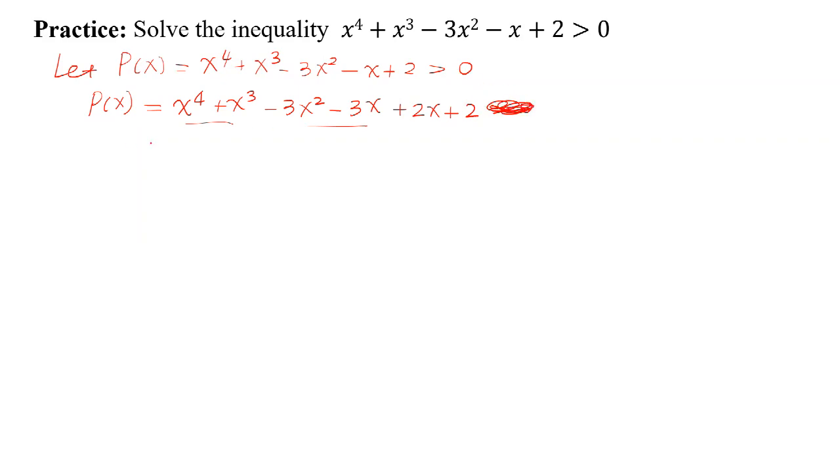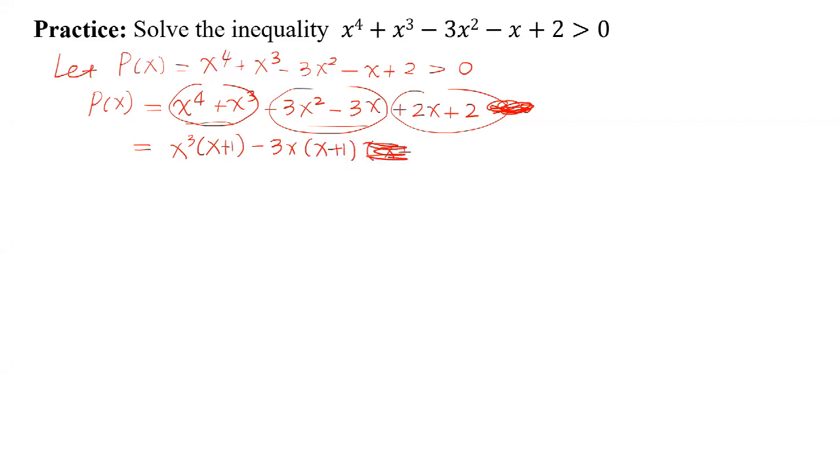And then let's group these two terms, and these two terms. Okay, as you can see here, x plus 1 is a common factor, right? And what's left there is x cubed minus 3x plus 2, right?